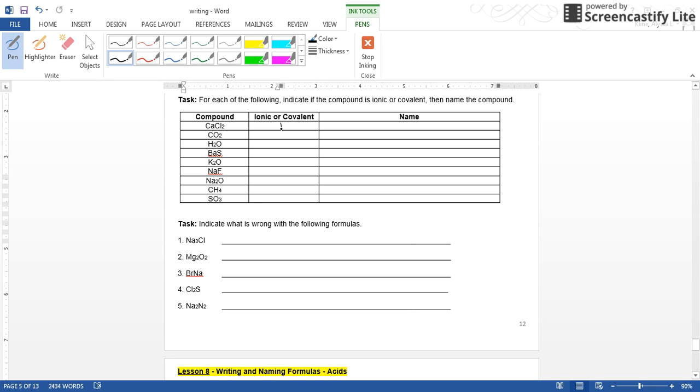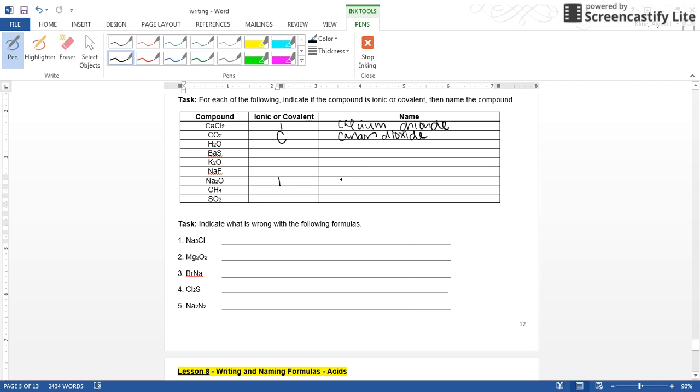This is ionic, and it would be called calcium chloride. Remember, you don't use the prefixes for ionic. The next one we've got is covalent, and it'd be carbon dioxide, and so forth. Let's skip down a couple. Let's go to Na2O. That'd be an ionic.